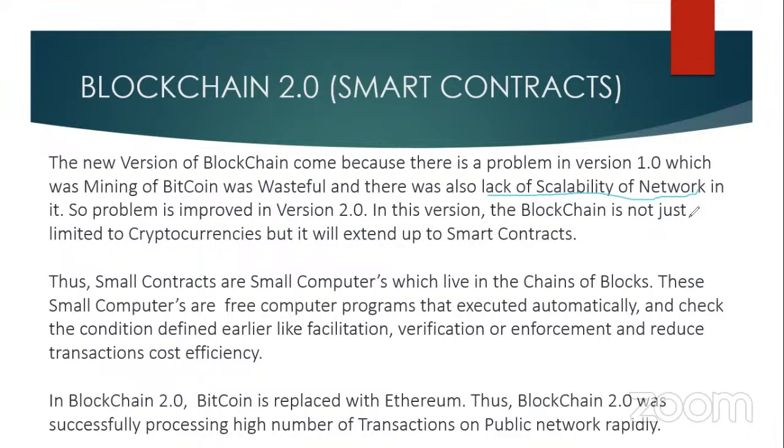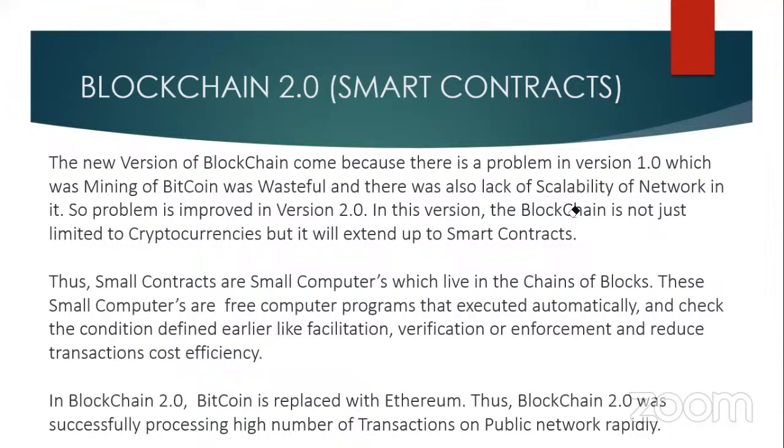This version of the blockchain was not limited to cryptocurrency, but it extended to smart contracts. Smart contracts are small computer commands that live in the blockchain.